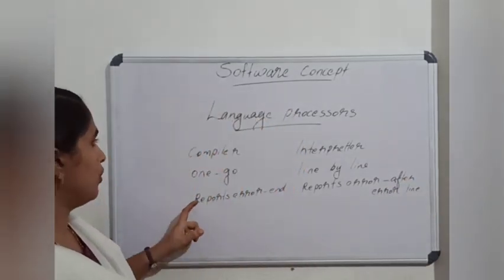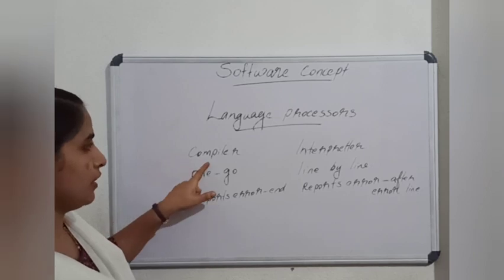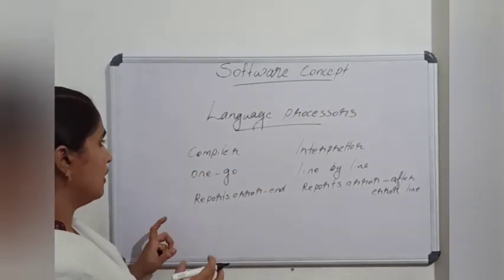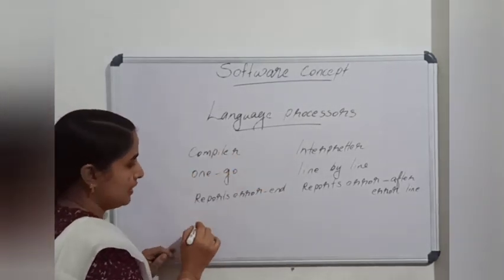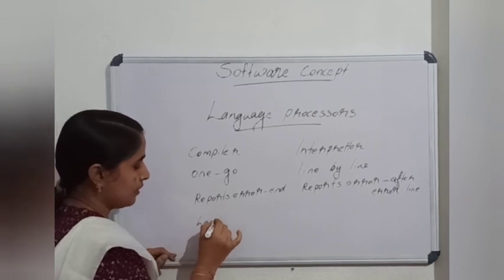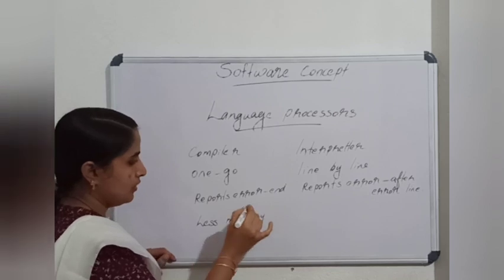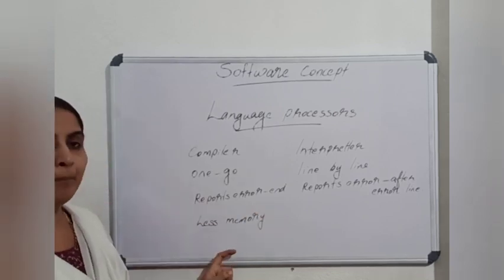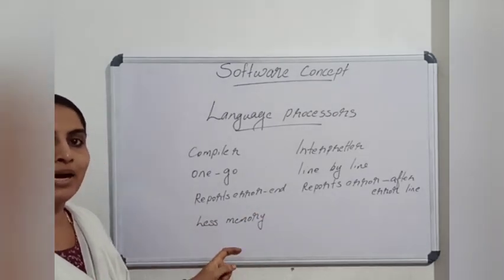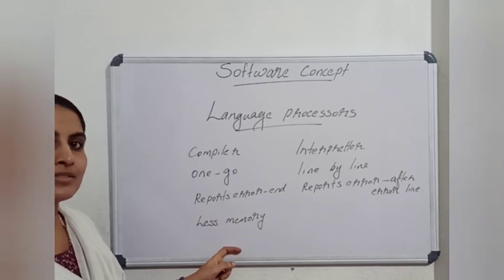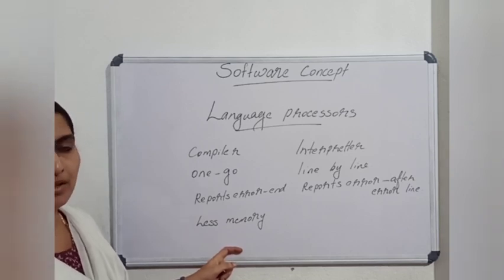The next important difference between compiler and interpreter is that the compiler needs less memory. That means when a program becomes error-free, the compiler is no longer needed in computer memory.